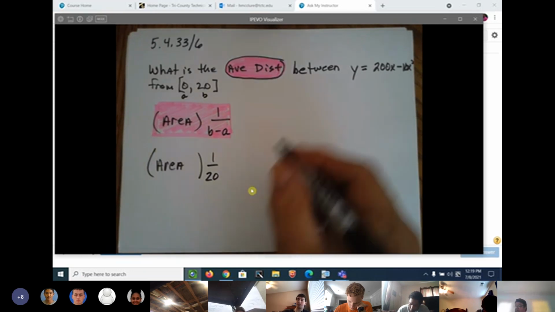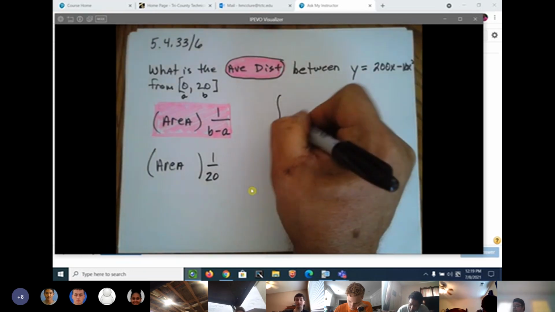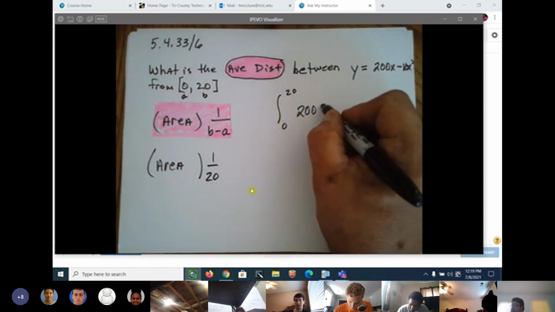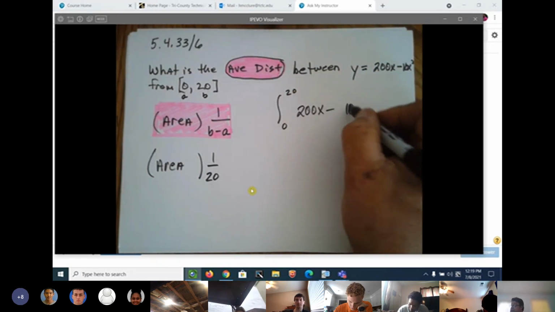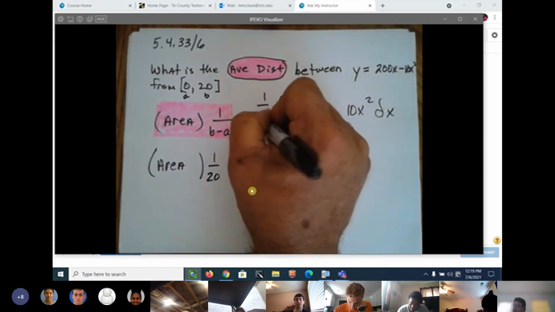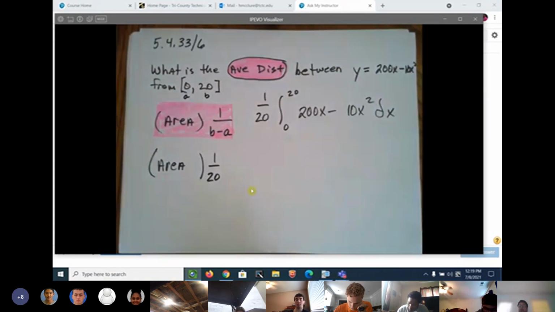So, antiderivative from 0 to 20 of 200x minus 10x squared dx, multiplied by 1 over 20. There you go. All right, do it. Give you a minute to do it.